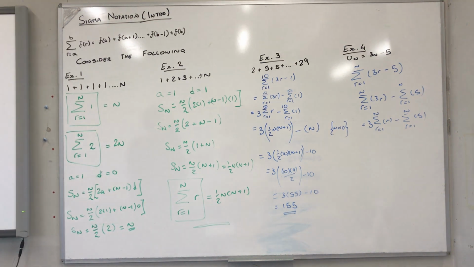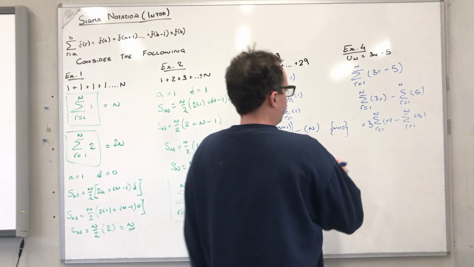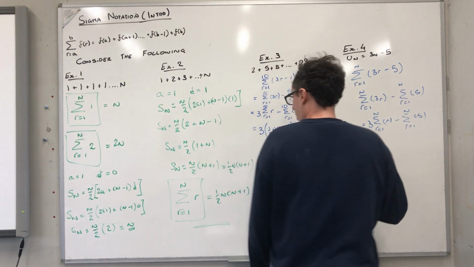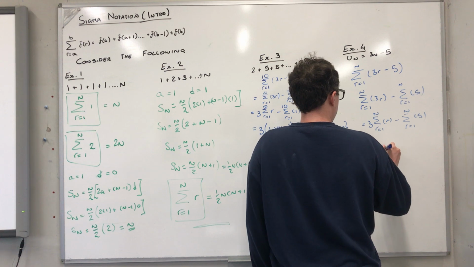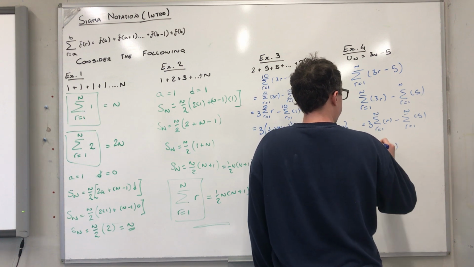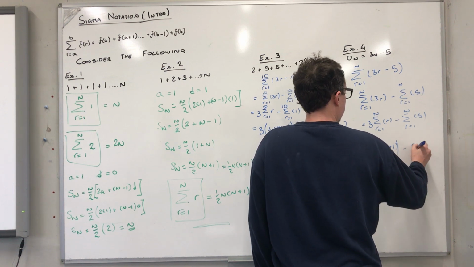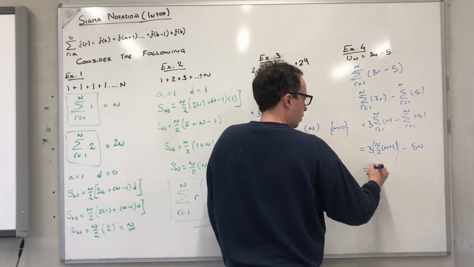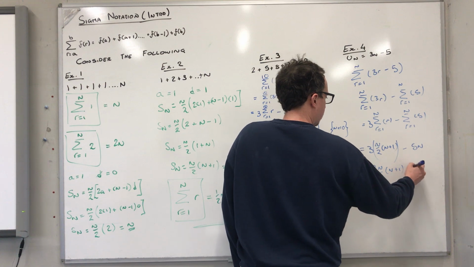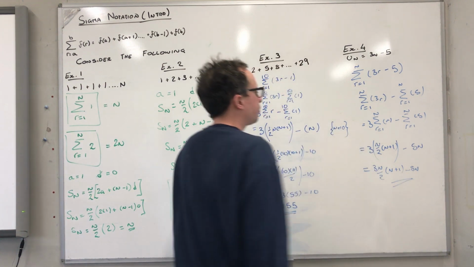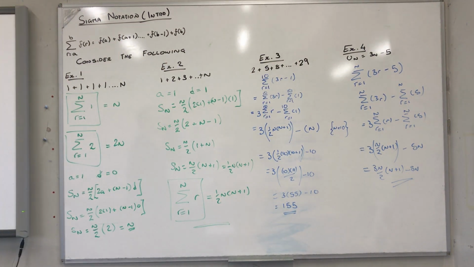Now I've broken it down just into individual components that I understand and know. And that has allowed us to calculate what the sum would be given a term of n.